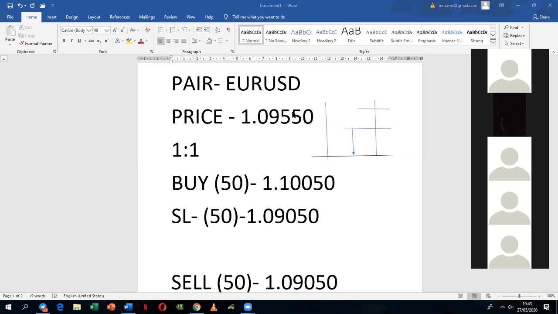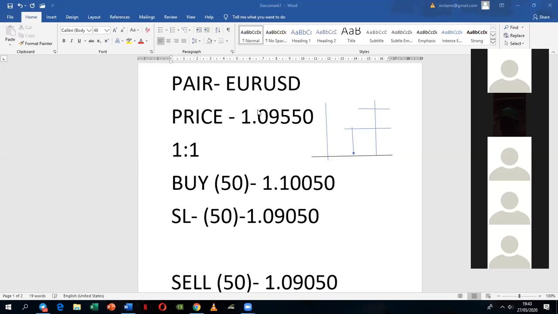The first digit after the fraction represents 1 pip, the second one represents 10 pips, the third one represents 100, and the next one 1,000.